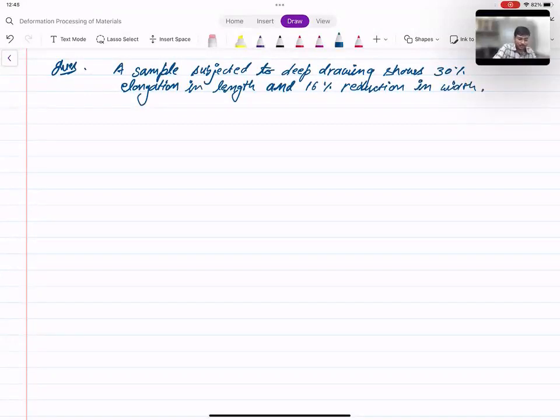So we need to find the normal anisotropy.